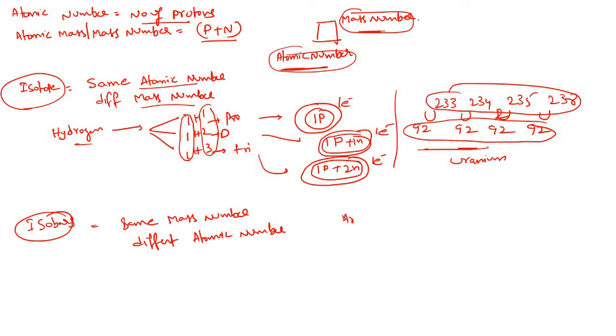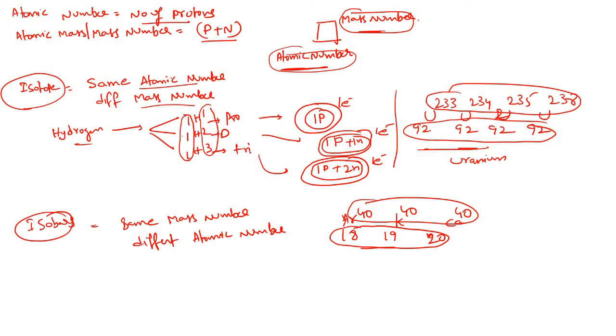If you take argon 40, potassium 40, calcium 40, like that. So here if we see, number of protons are changing, means atomic number is different but mass number is same.